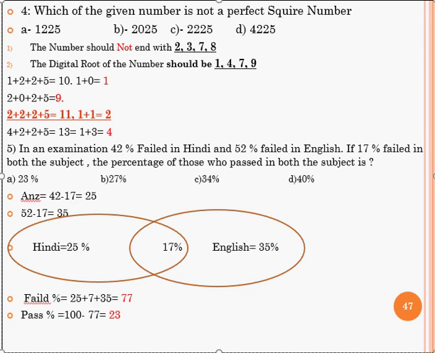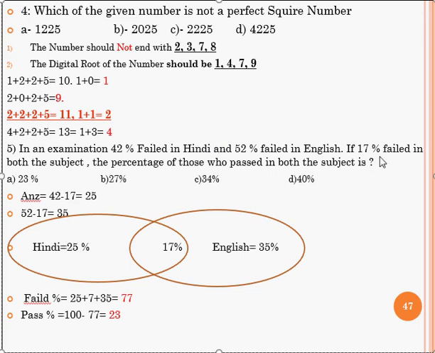Now, in Hindi 42 percent failed, and in English 52 percent failed. In both Hindi and English, 17 percent failed. So in Hindi, these 42 include 17. In English, this 52 includes this 17, because 17 failed both Hindi and English.